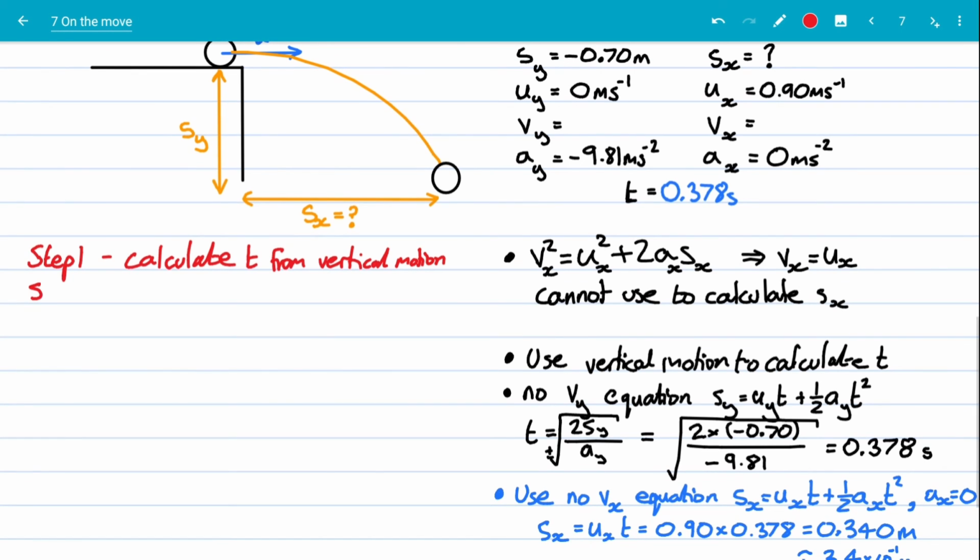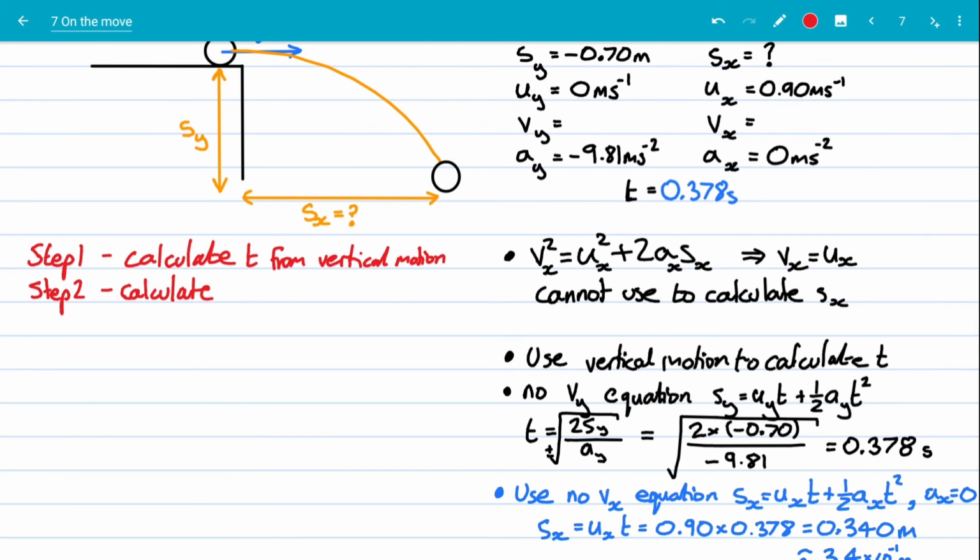And then step 2, calculate whatever else you need. I don't know what you'll need to find. In this case, it was Sx from horizontal and t. So those are the 2 stages.